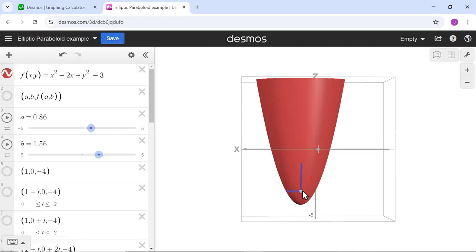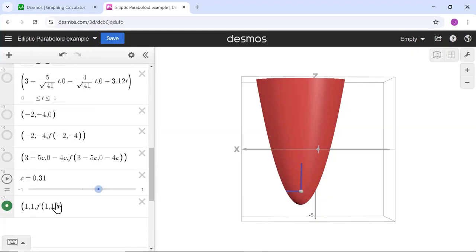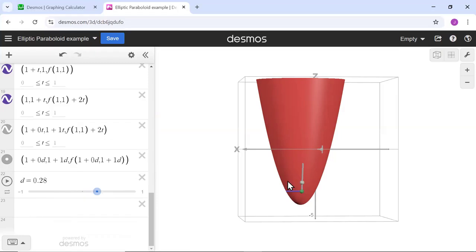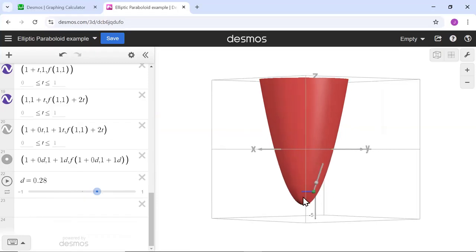That should match up with what we see here. The maximum change is when I'm going straight up. I'm taking this point and I'm moving it straight up this elliptical paraboloid.